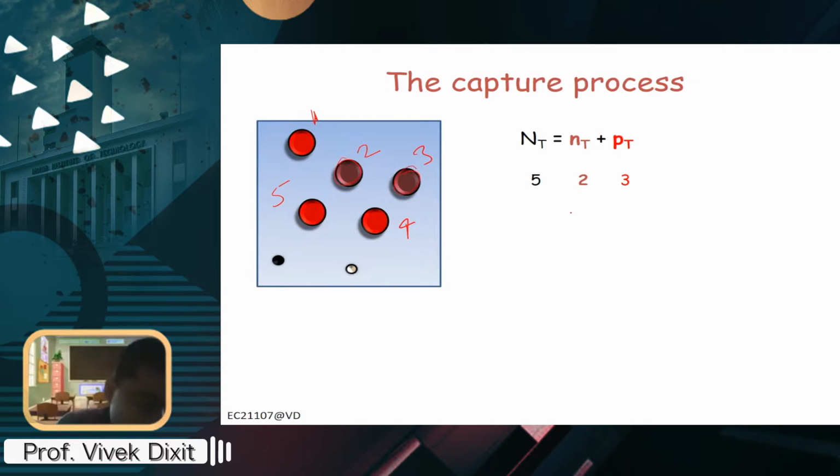So out of 5, these 2 become small nt and the 3 become small pt, because 3 are empty and don't have any electron inside. Now let's say one of the electrons or holes moves. This electron goes and settles in one of the traps. So now what will happen? Now 3 are occupied, so nt becomes 3 and pt becomes 2.